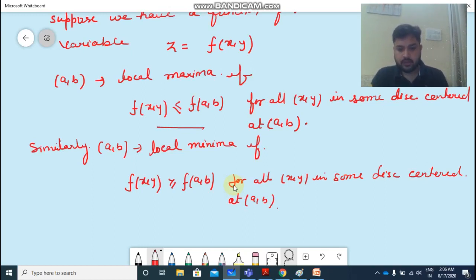In this way we can find the local maxima and local minima of the given function.